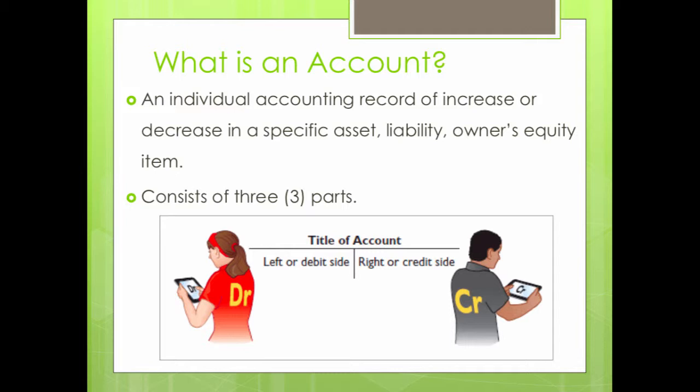And an account consists of 3 parts, as the visual shows here. You have the title, you have a left or debit side, and the right or credit side. We refer to this illustration as the T account, simply because the format resembles a T right here. You see this T.